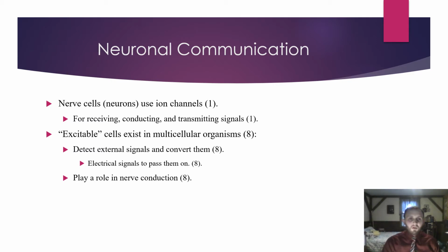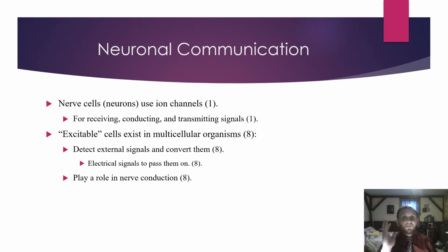With that said, nerve cells need ion channels because they use these ion channels for depolarization and repolarization to occur. They have made a specialty of using ion channels, and I'm going to consider how they use a diversity of such channels for receiving, conducting, and transmitting signals.